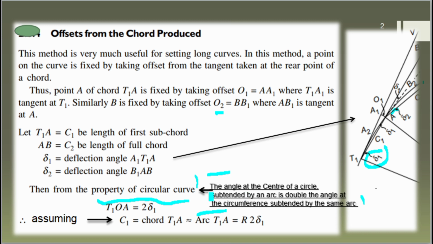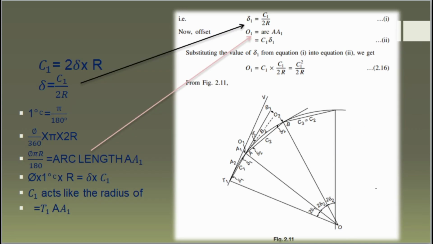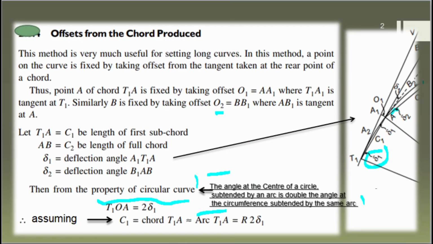So from that property, given the deflection angle found here, this angle is double the deflection angle that we had gotten here. That is the property of simple circular curves.